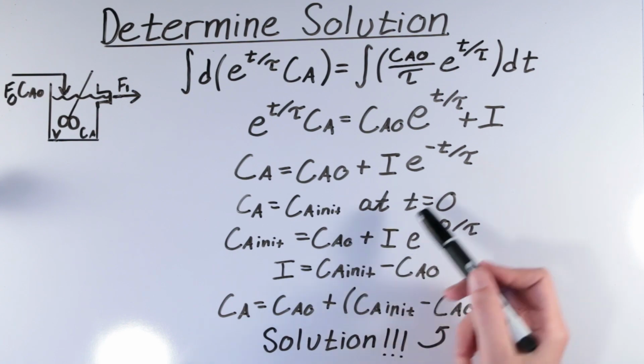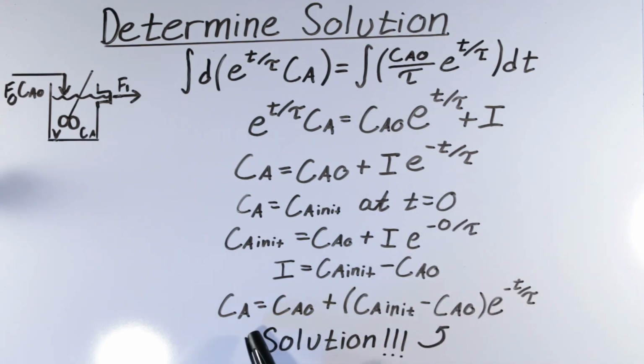Applying this identity into the equation from before, we can say that the concentration in the tank is equal to the inlet concentration plus this equality for I that we just came up with times the inverse integrating factor. And this equation represents the concentration of A in the tank as a function of time, and all of the variables can be plugged in for, so this is our solution.